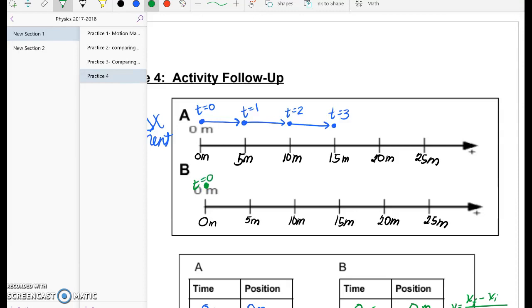And then he took 1 second to get to 2.5. And took another second to get to 5. And then to 7.5. Then to 10. 12.5. And finally, he reaches 15 meters at 6 seconds.